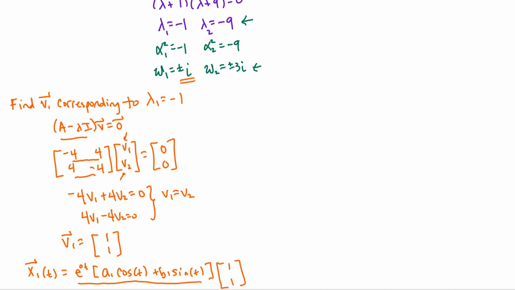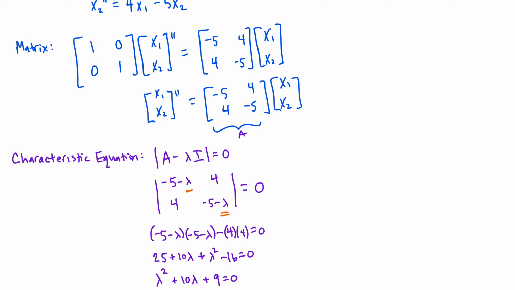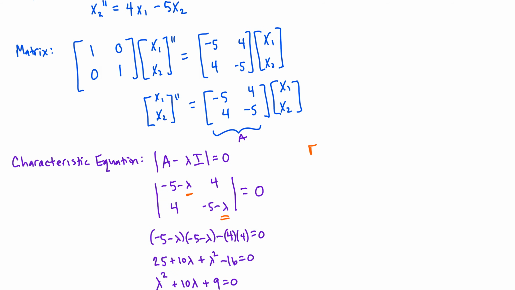Okay, let's repeat that again and find our second eigenvector. I'm going to come up here for a little more space. Let's find eigenvector v sub 2 corresponding to our second eigenvalue, which was negative 9. So again, we're looking at the matrix equation A minus lambda I times vector V equals 0 vector.